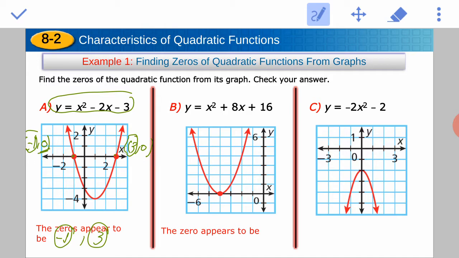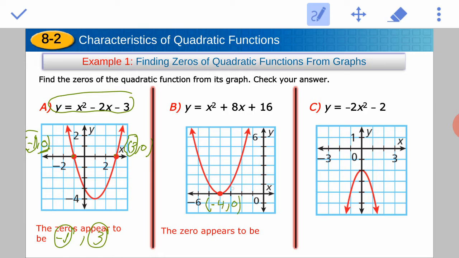So how many zeros for the first quadratic function? There are 2 zeros. The scenario is quite different in part B, guys. If you look at the graph of this quadratic function, this graph only touches the x-axis at 1 point, and the coordinates of this point are -4 and 0.